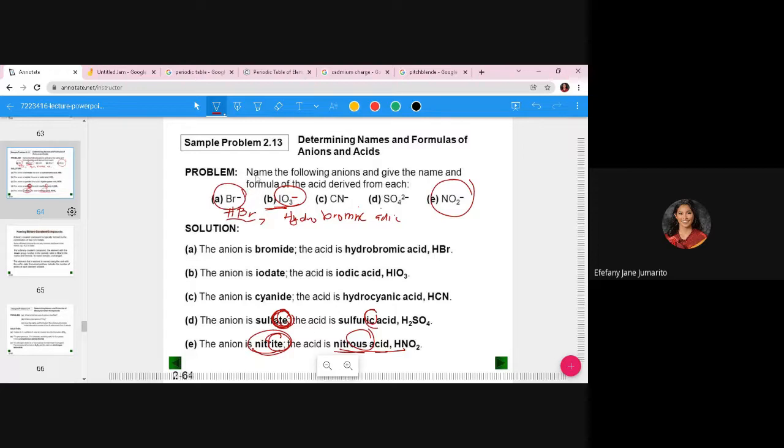Now, this is for monoatomic acid derivatives, just one atom. Now, for this one, it's not mono.